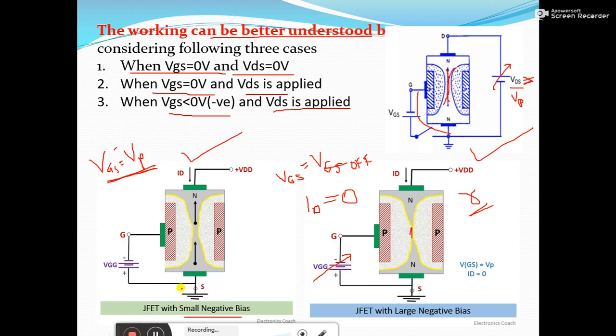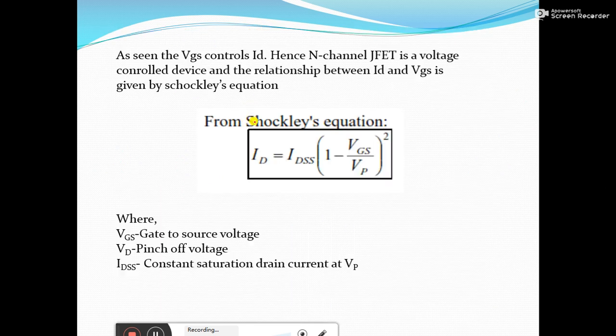Like this, the voltage between the gate and source terminal is controlling the output current ID, or you can say the ID current is completely controlled by the field between the gate and source. That's why it is referred to as a field effect transistor.